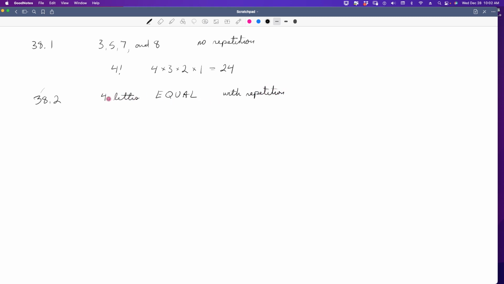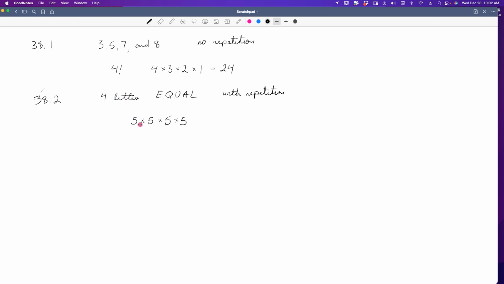This is saying there's going to be 4 members in the set. We're only going to have 4 positions, right? But we have 5 letters. So that means we're going to use 4 factors beginning with the number 5. So 5 times 5 times 5 times 5.